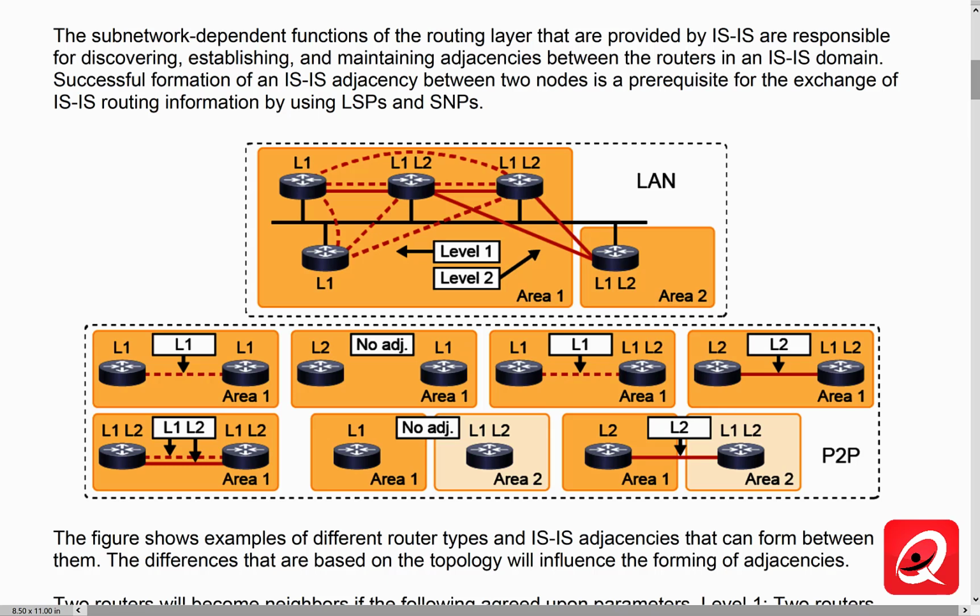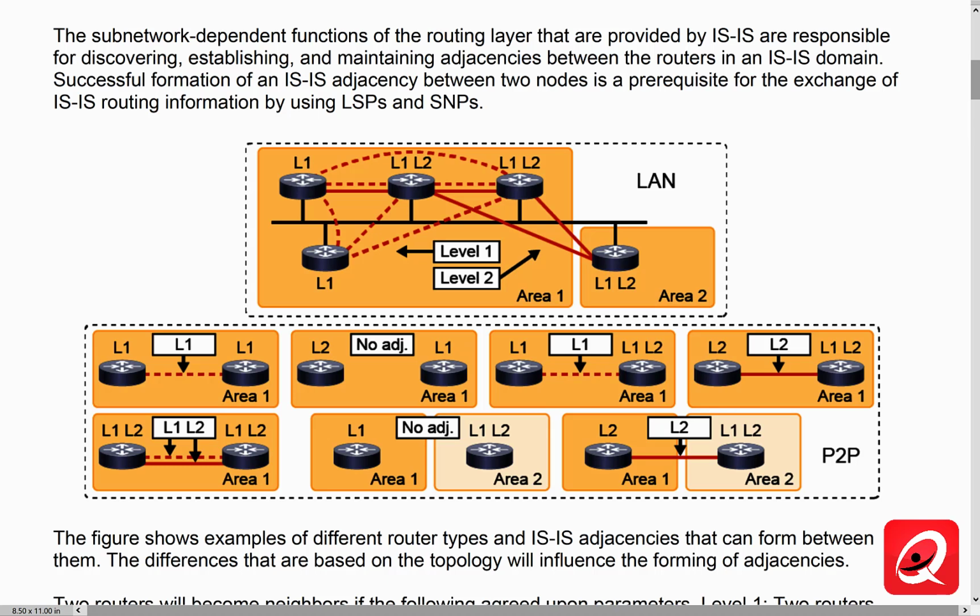All right. So what you're seeing in this particular diagram is really an extension of what we were talking about previously, different roles that the routers play to form ISIS adjacencies between them. And the differences that we see are based on the topology, and that's going to influence how we form those adjacencies. 2 different routers will become neighbors if they have parameters that they agree on.